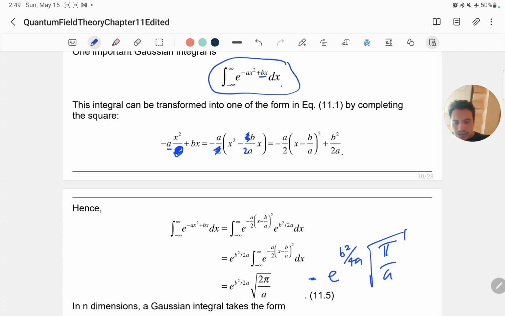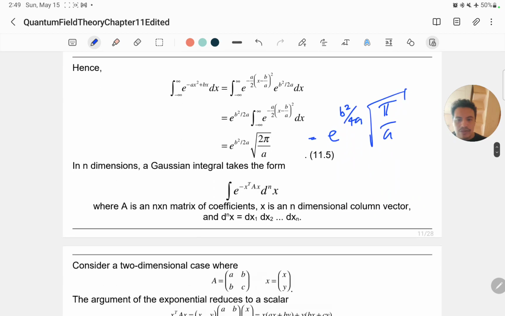So for n dimensions, a Gaussian integral would look like this one. The x here would be a column matrix, so x transpose is just the transpose of that matrix. In general, if you have complex elements of x, then that would be the adjoint of x.